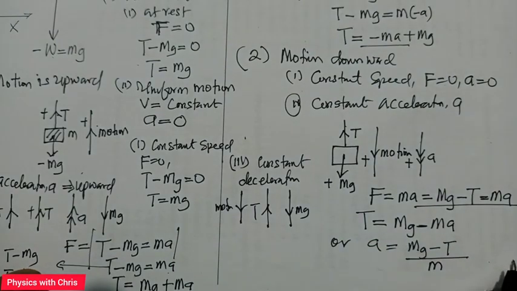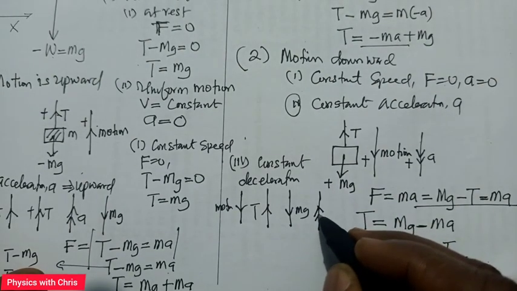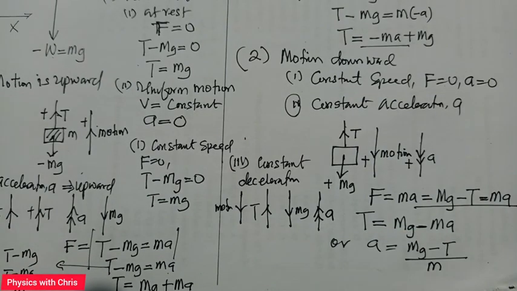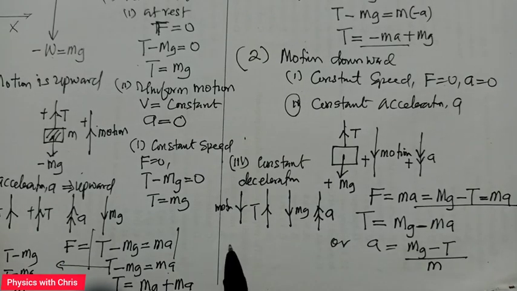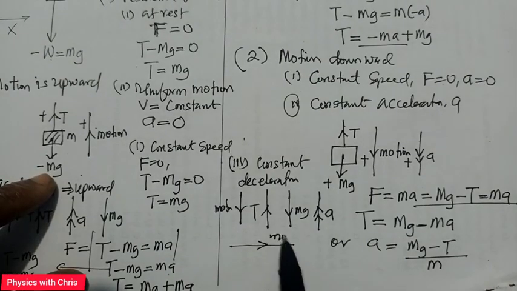Now, when I say deceleration in the direction of motion, it means that it is going to be in the opposite direction to the direction of motion. You know, when a body is moving in a particular direction and the speed of the body increases, it means the acceleration of the body is in the same direction as the motion. Let me just explain this briefly.